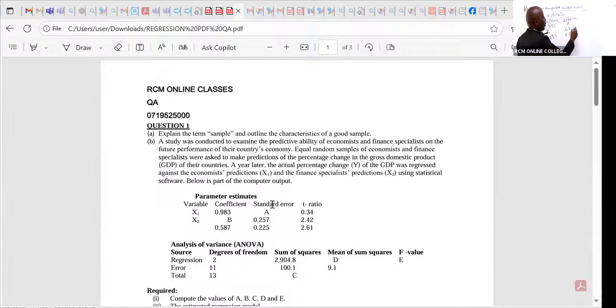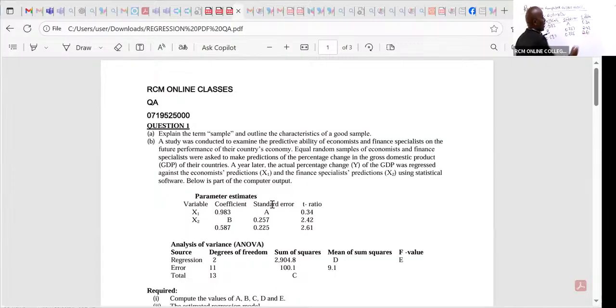And then we have what we call the student T ratio. So student T ratio, what do we have here under student T ratio? 0.34. 2.42. And then lastly, we have here 2.61.